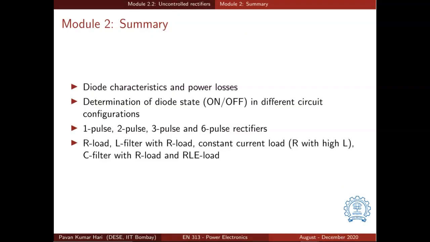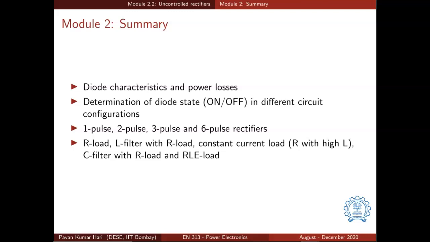So to summarize module 2, in this module we have learnt the characteristics of a diode. We looked at the construction of a diode, and we looked at its VI characteristics, and we also looked at its state transitions, and we calculated the power loss. We learnt how to calculate the power loss in a diode. Then we also have learned the method of assumed states to determine the state of a diode, whether it is on or off, in different circuit configurations. And we looked at 1 pulse, 2 pulse, 3 pulse and 6 pulse diode rectifiers.